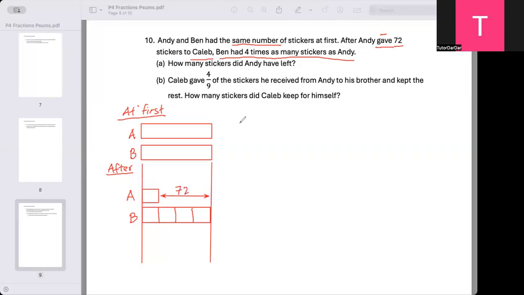Okay, so now let's start. Let's solve A now. So based on this, you can see 1, 2, 3 units. 3U is 72.